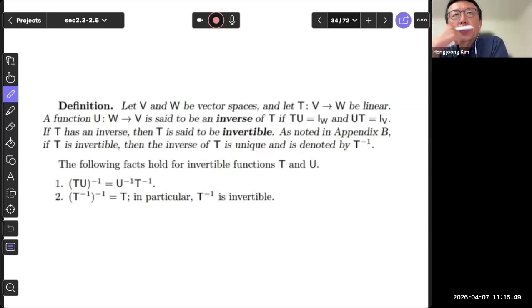Suppose that V and W are vector spaces and T is a linear mapping.